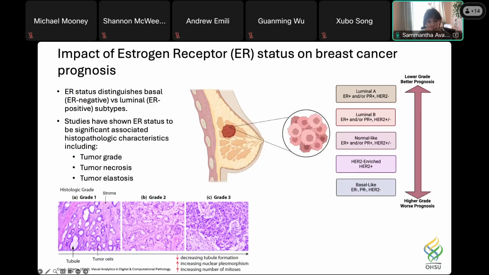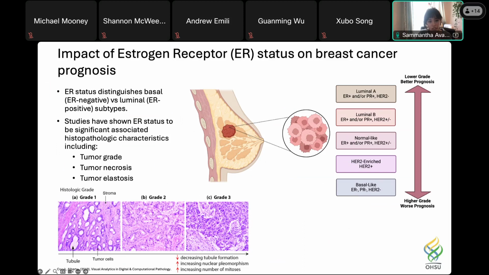And so these findings align with established molecular characteristics that differentiate luminal and basal subtypes, where luminal is characterized as being estrogen receptor positive, whereas our basal subtype is associated with being estrogen receptor negative.